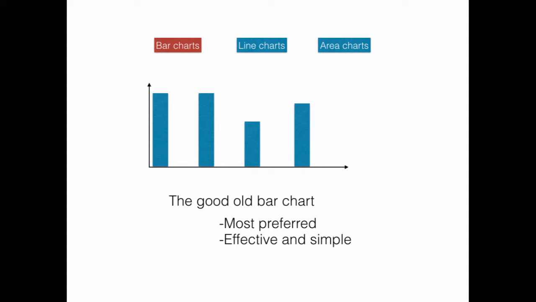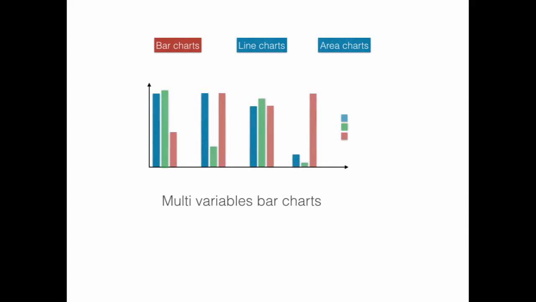There are some variations you can try with the bar chart. The first one is multivariable bar charts. When you want to show categories with your data as well, you can have multiple categories. For example, here we have 3 different categories which are compared side by side in a single chart, and the categories are blue, green, and red, differentiated by their colors.